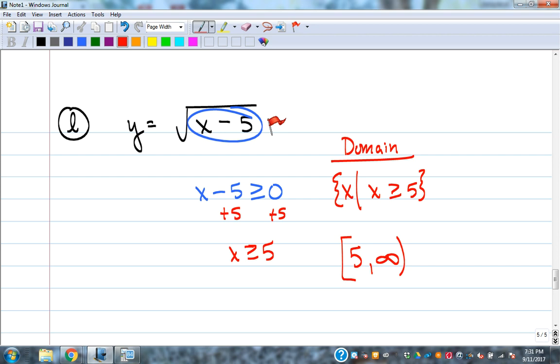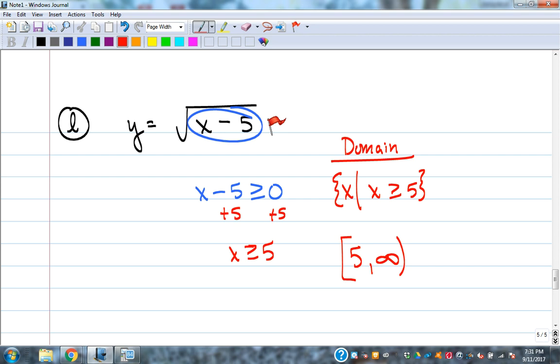If you're skipping a number or leaving a number out, it's always a parenthesis. If you've got an equal to mark on your inequality, it always should be a square bracket. It can't be a bracket on the infinity because you can never really get there. Once you get there, you just add 1, you're not there anymore. That's the reason it's always parentheses on the infinities. Brackets can only go on numbers.